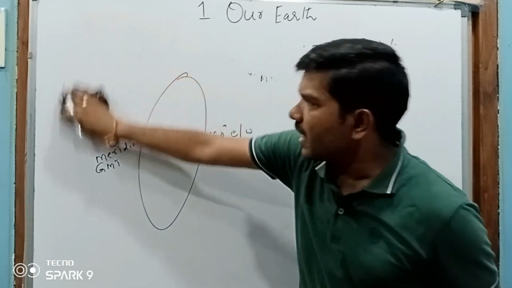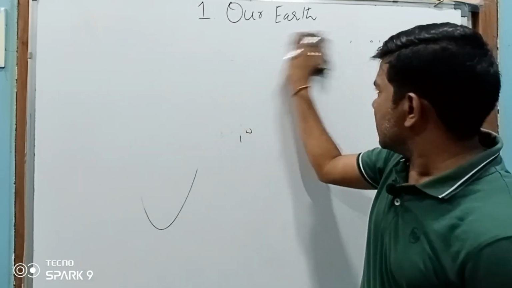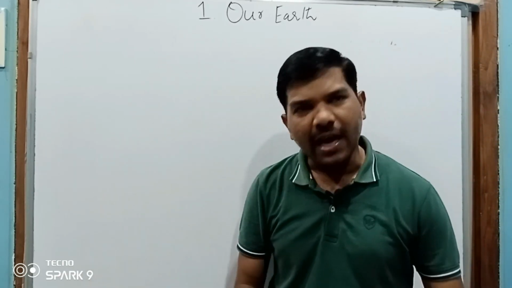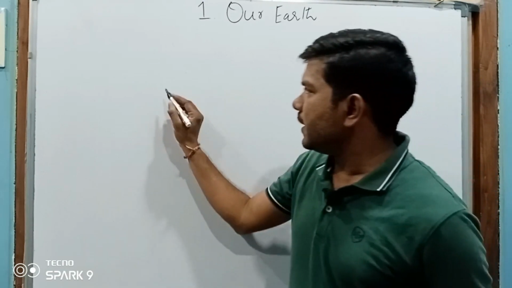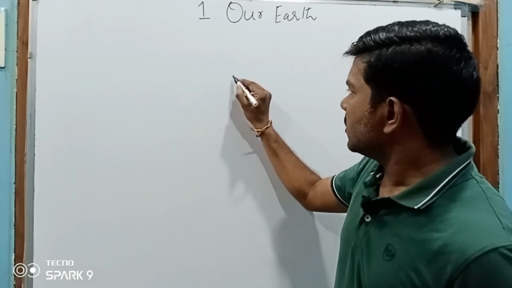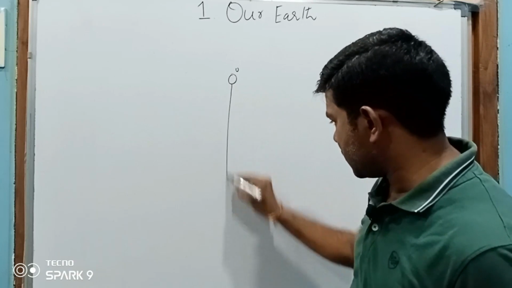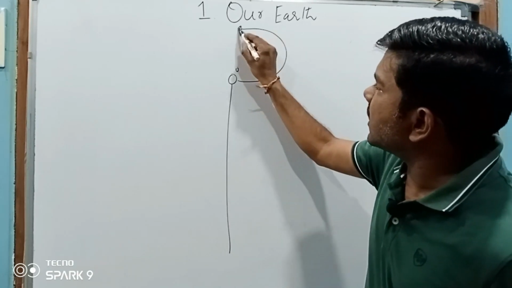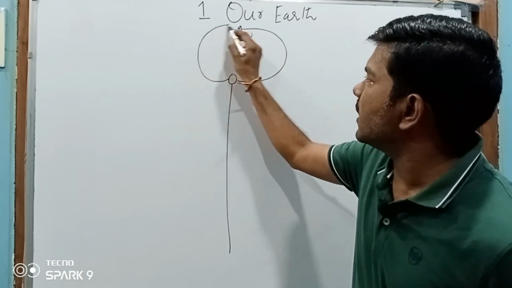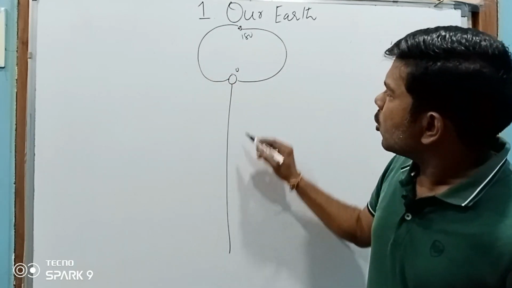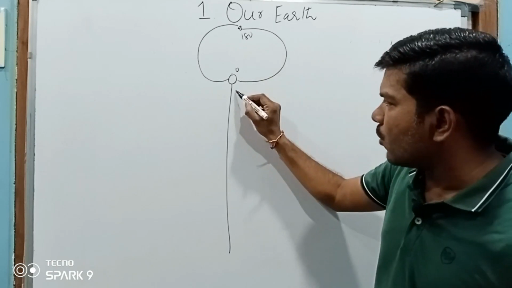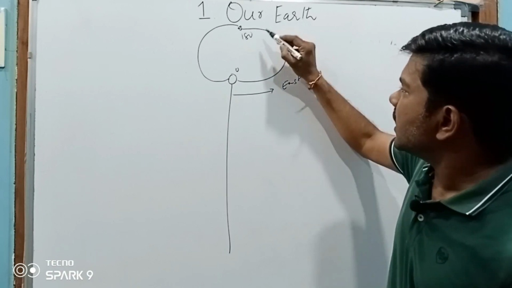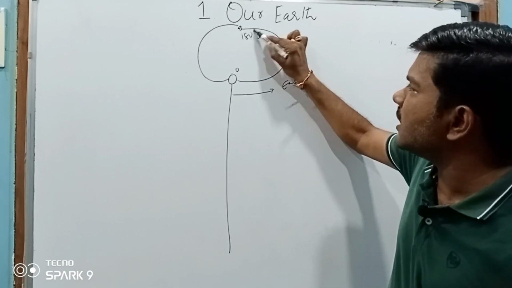Next, let's see the 180 degree and 0 degree calculations. See, this is 0 degree, and 180 degree is here. If we count from 0 degree to the east, it is called 180 degree east longitude.